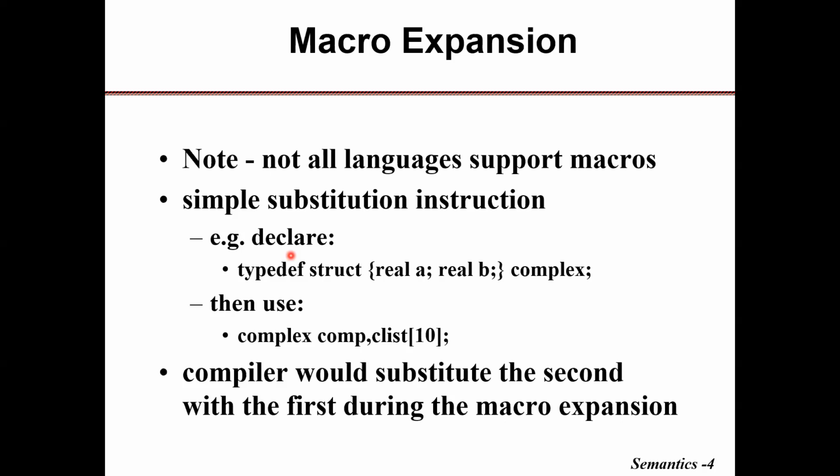So for example, in the C language, C++ language, you can do type definitions, right? Typedef struct is the example here, where we said, oh, we have this struct that we're going to do a typedef on, and we're going to have two components to it, a real type A and a real type B. And we're going to name this specific instance of this struct.